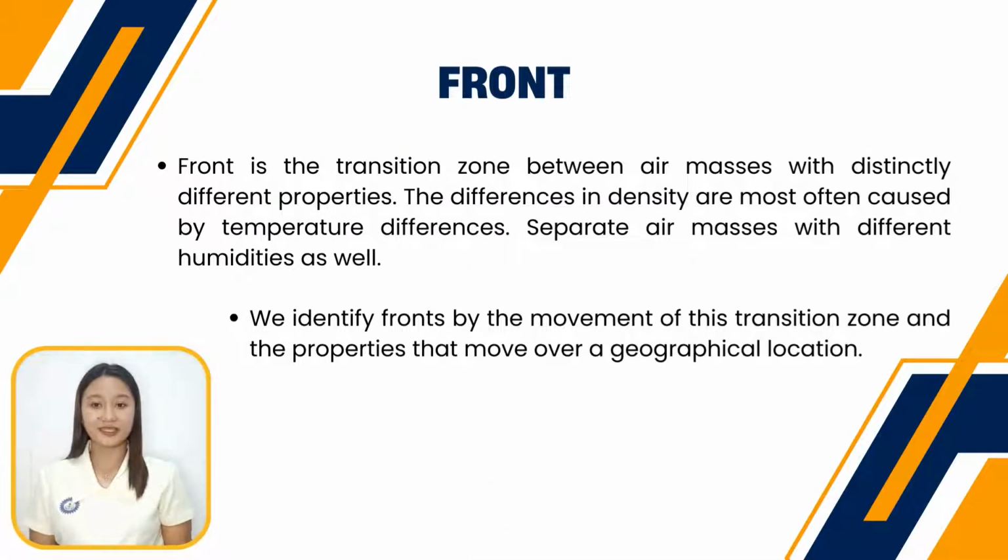So, what does front mean? A front is the transition zone between air masses with distinctly different properties. The differences in density are most often caused by temperature differences. Air masses with different humidities are also separated.